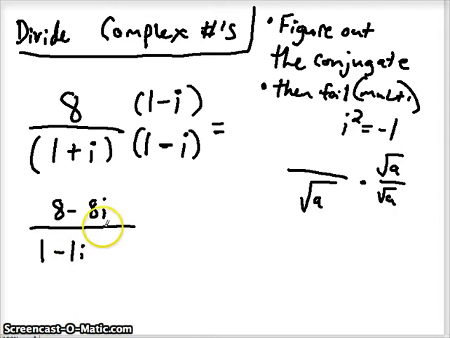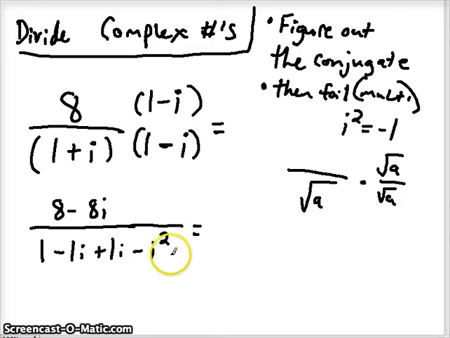Writing the coefficients might help you keep things straight here because i's and 1's kind of look similar. Inside, i times 1 is positive 1i. And then i times negative i is negative i squared. So that's all the denominator right there.